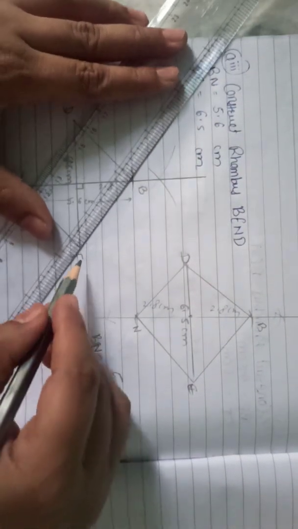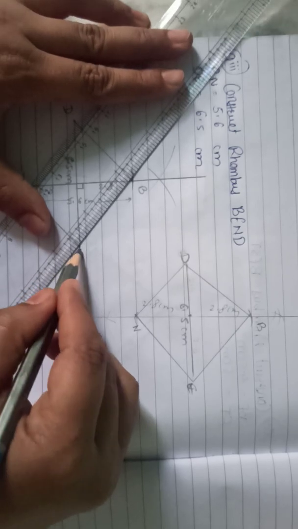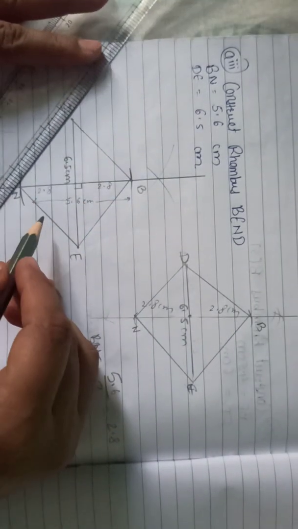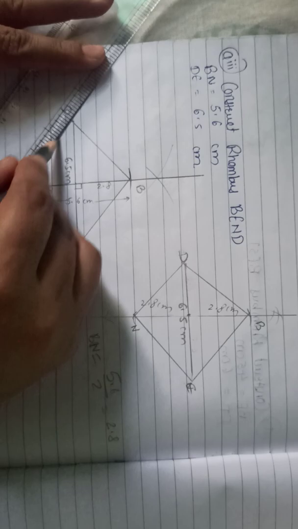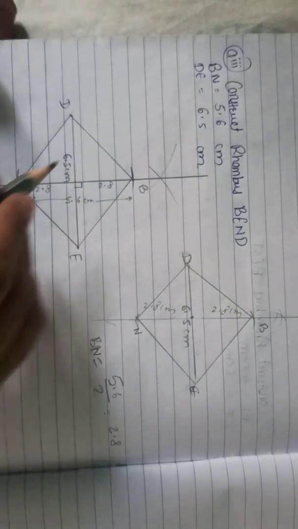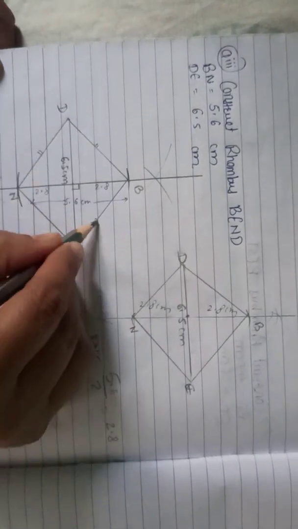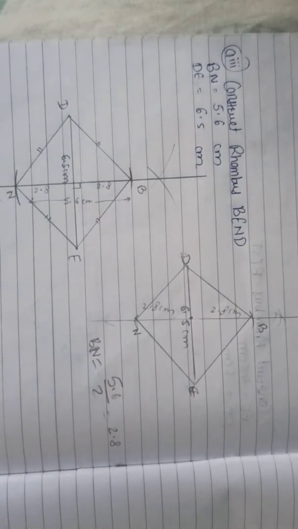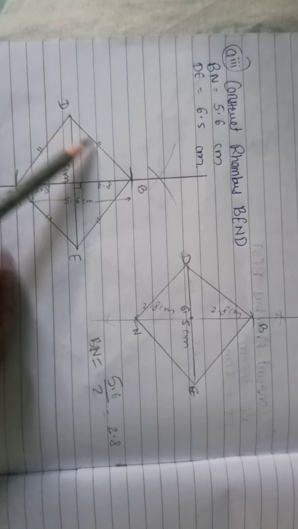Here BE and DN, and all the sides of this rhombus are equal. Okay, and some students, this is our observation, are taking 2.8 centimeter distance for the sides.